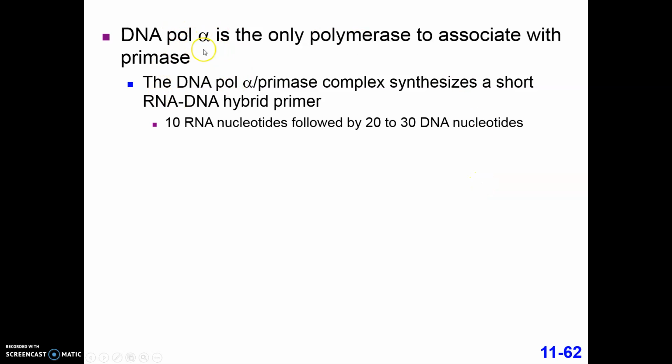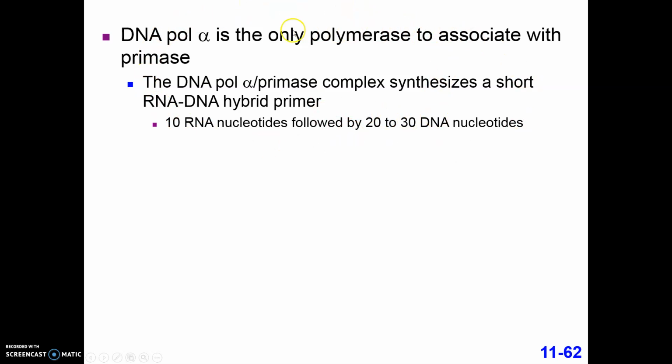All right, so the alpha polymerase is the only one that is associated with primase. So it is responsible for first primase laying down the RNA primer, and then the polymerase starts adding on DNA to that, to only about 20 to 30 nucleotides in length.